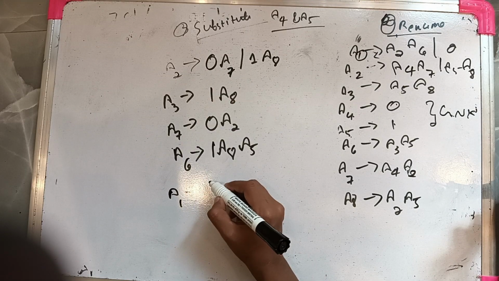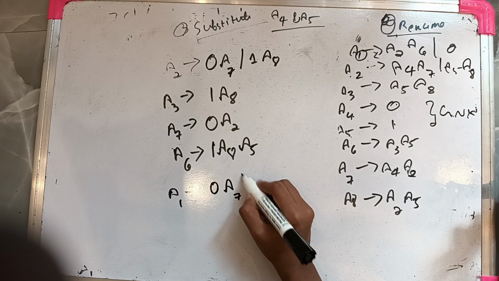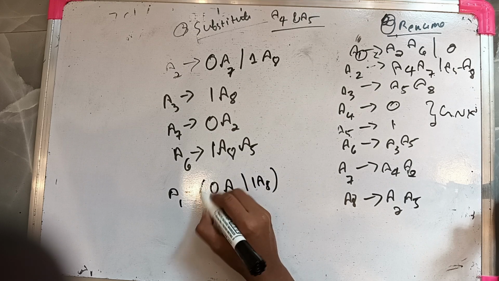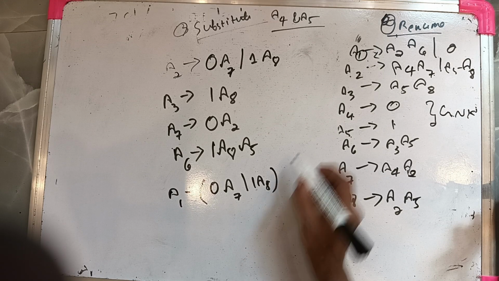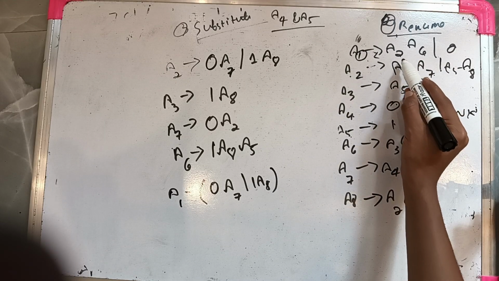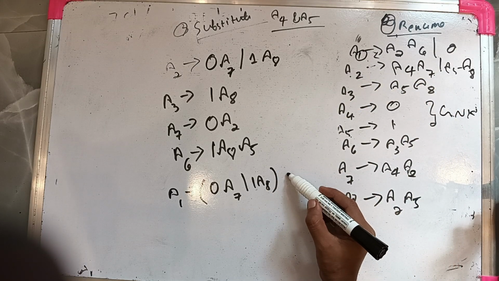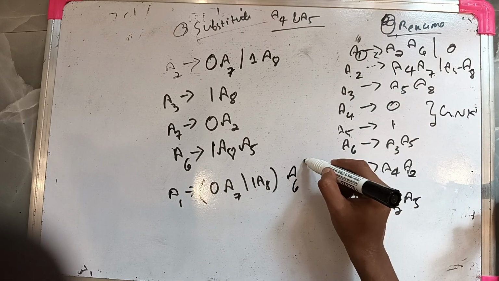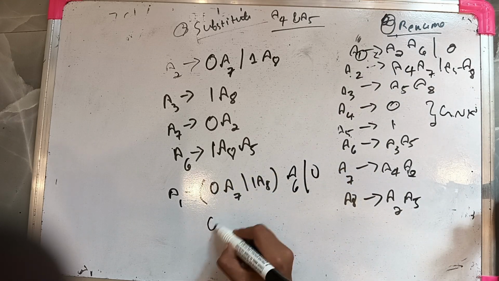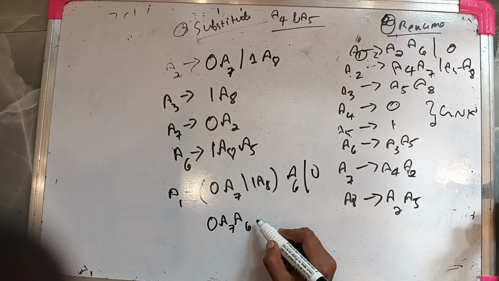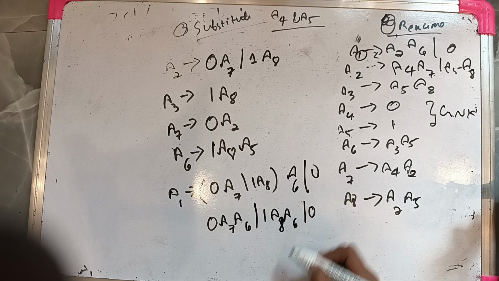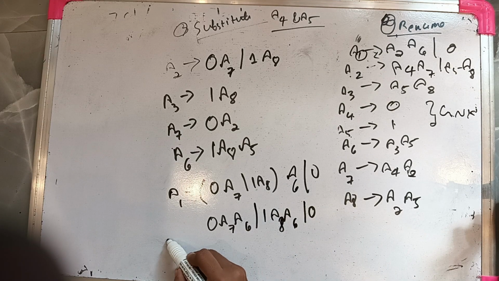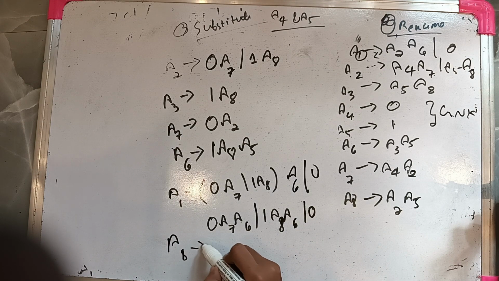What is A2? 0, A7 and 1, A8. After that, write A6, so it is 0, A7, A6 and 1, A8, A6, 0. Fine. Next, remaining is A8.